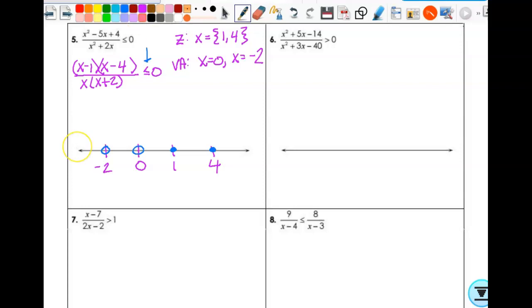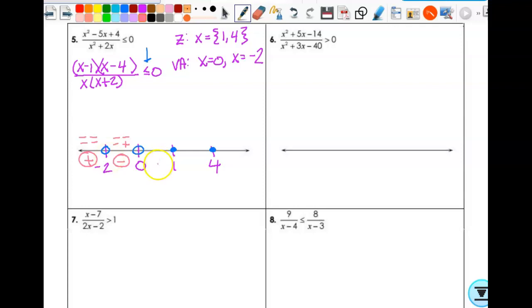Start with a -3. So this will be a negative and negative in the numerator, and then negative and negative. That is positive overall. Then I can choose a -1. So that'll be negative, negative, negative, positive. That's negative overall.